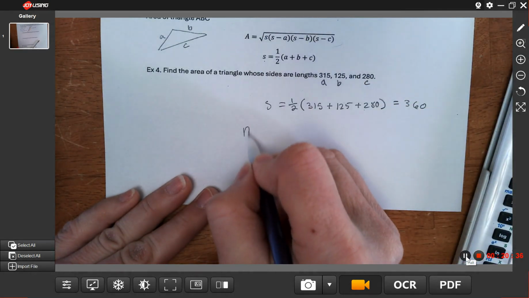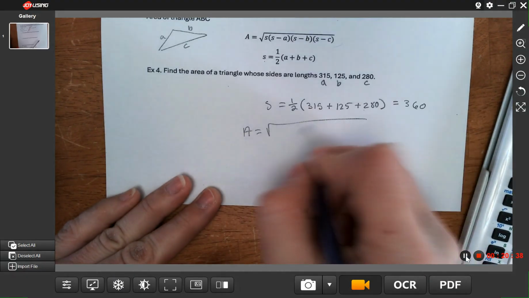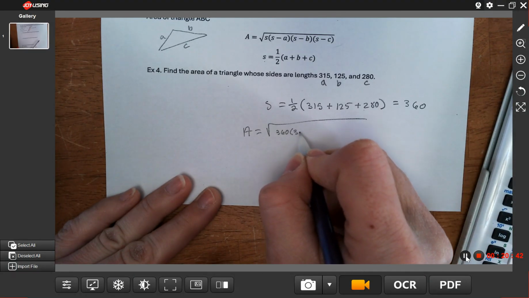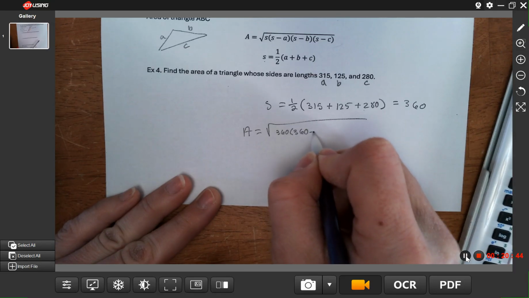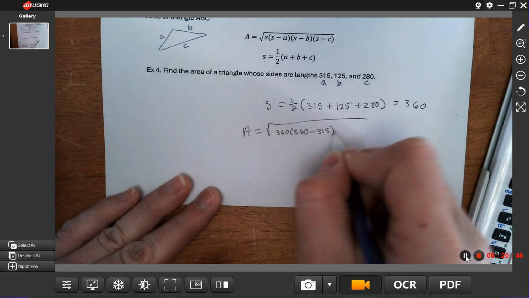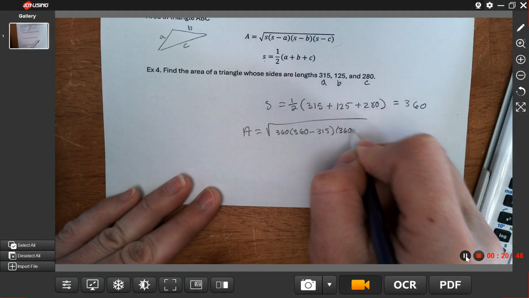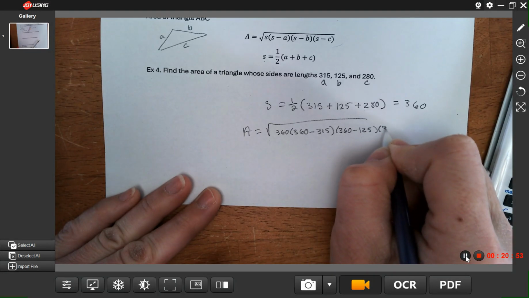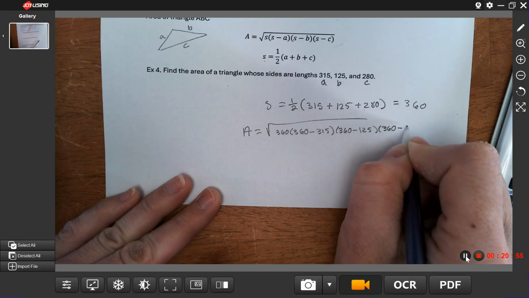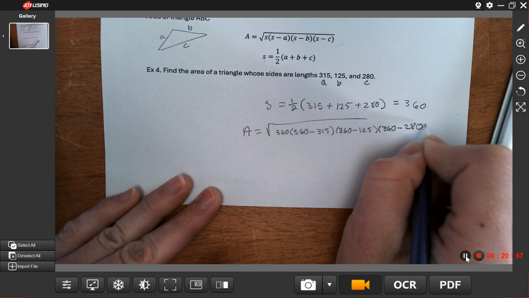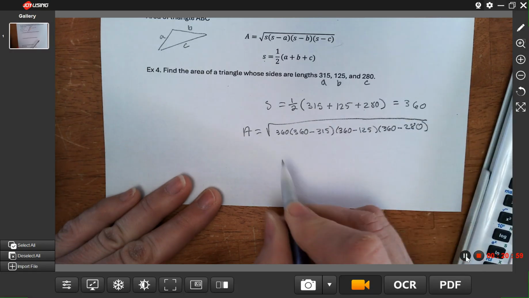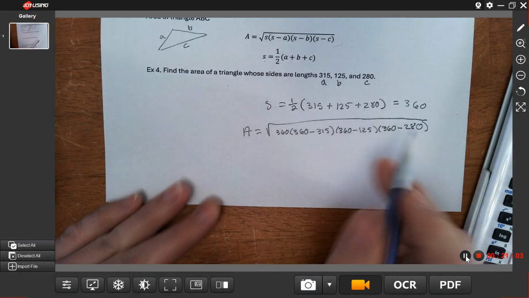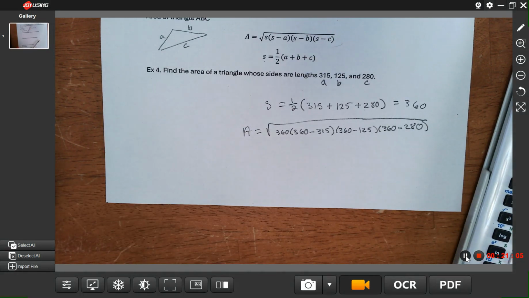And now we're going to put it into this area formula. So the square root of 360 times 360 minus side A times 360 minus side B times 360 minus side C. And you can literally type this all into your calculator, square root first, and then type this whole long string into your calculator.